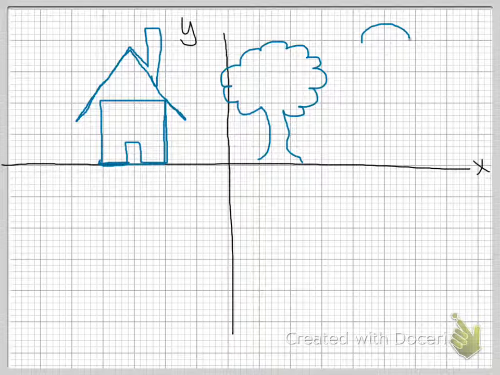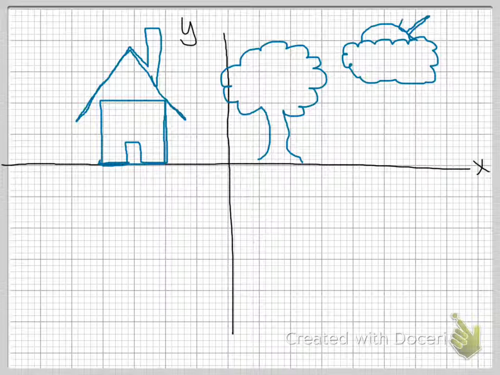So let's say I have a little sun here, and I've got little clouds going here. Then I'm going to make my little sun, and there's my sun. So I've created 3 pictures using only 3 lines.